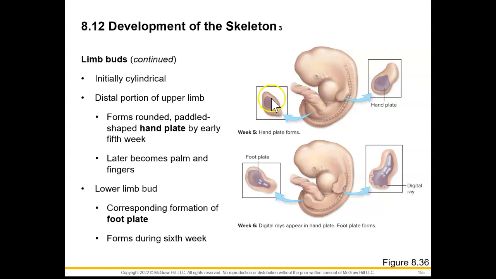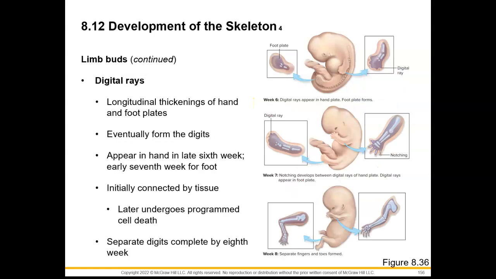And our lower limb is going to correspond by the formation of a foot plate, and this forms during the 6th week. And we get the formation of digital rays. These are just longitudinal thickenings of the hand and foot plates, and eventually these will form digits.